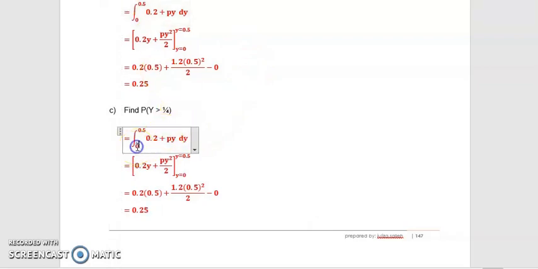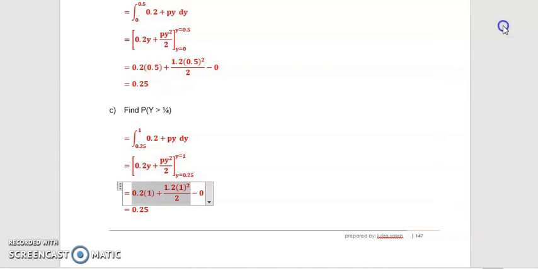Okay, now y more than 1 over 4 or 0.25. So upper limit now is 1, because this function is from 0 until 1. So I just change the limit here, lower 0.25. So now the difference is only the limits. Now substitute y equal to 1. So y equal to 1, so 1 squared over 2, this is y equal to 1.